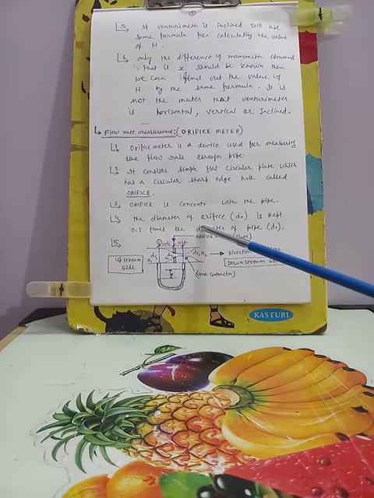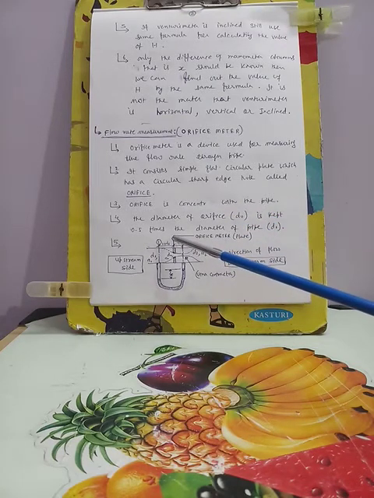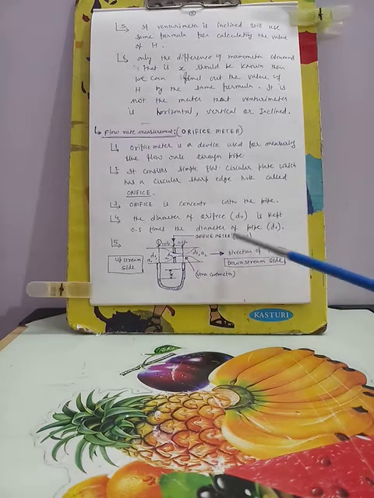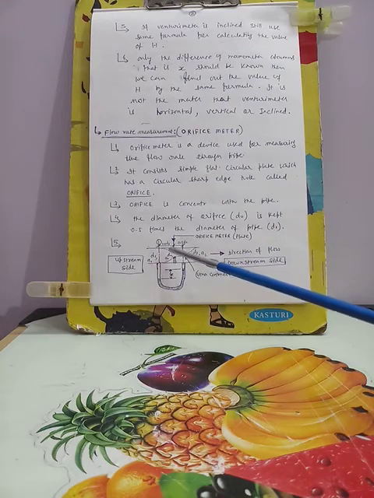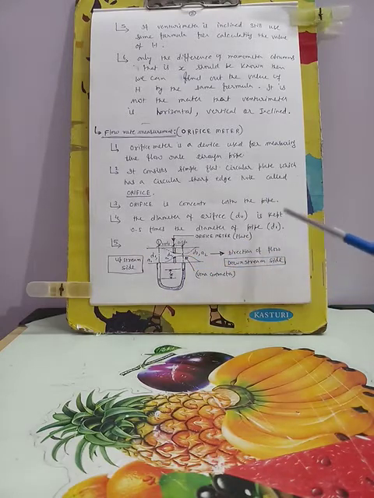We will indicate the diameter of the orifice with D0, and this D0 will be 0.5 times the diameter of the pipe. Suppose the diameter of the pipe is D1, then the size of the orifice should be 0.5 times that D1.